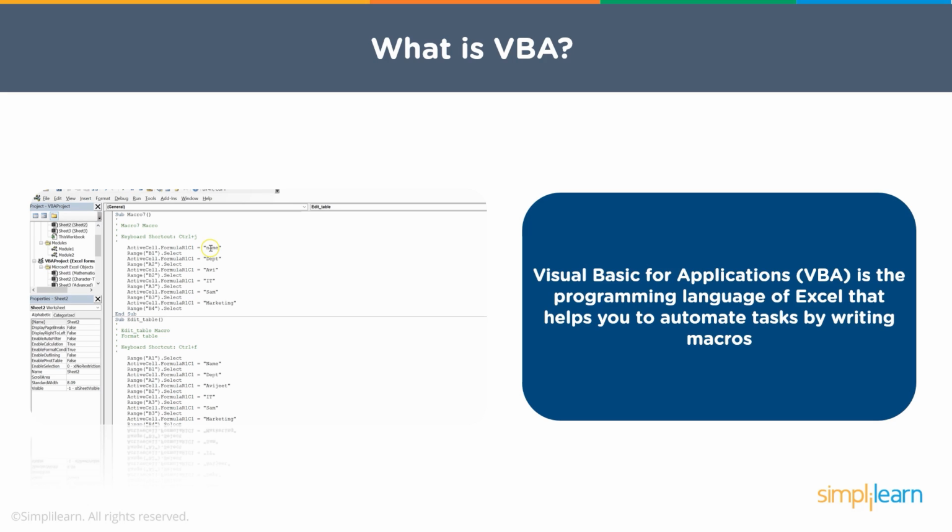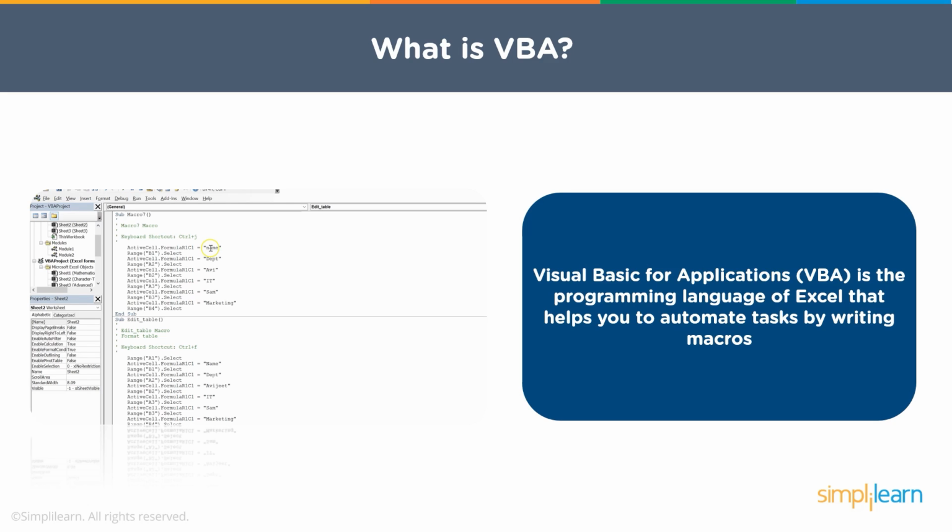We have seen how macros simplify our tedious daily tasks by running a simple macro. Now to help us write these macros and ease our work and automate our tasks, we use VBA.